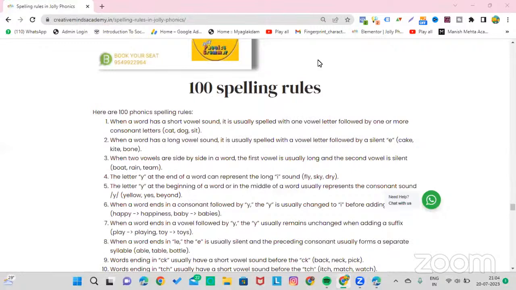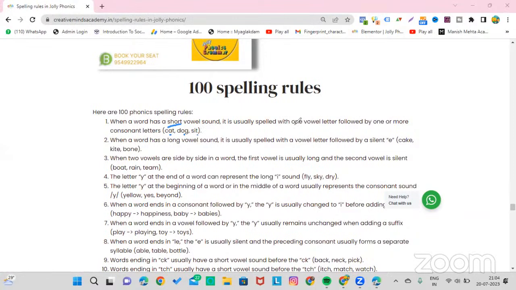Okay, so let us start from the first rule, which says when a word has a short sound, it is usually spelled with one vowel letter followed by one or more consonant letters. So we all know that in CVC words, we have the short vowel, like in cat, dog, sit.